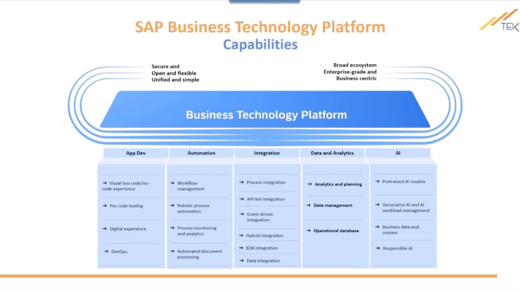Powered by SAP HANA Cloud, BTP provides tool sets for application development like Build Apps and automation like robotic process automation, and data and analytics, which includes Datasphere, HANA Cloud, HANA Data Lake, SAP Analytics Cloud, and relational databases. At the same time, AI and ML use cases like AI Launchpad and AI Core, so you can fit almost every single use case within one central hub.